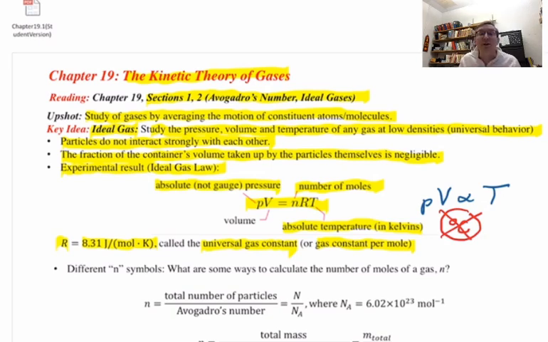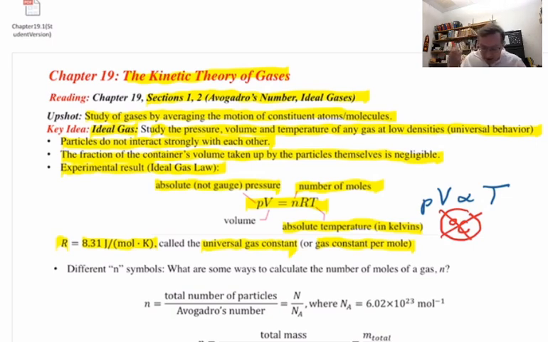All right, that's what we're going to use for this whole chapter. That's the ideal gas law model equation that relates pressure, volume, temperature, and some way to measure the amount of the gas, in this case, the number of moles. Now, depending upon how recently you've had general chemistry, high school and or college, you might be a little fuzzy about how to find the number of moles, little n.